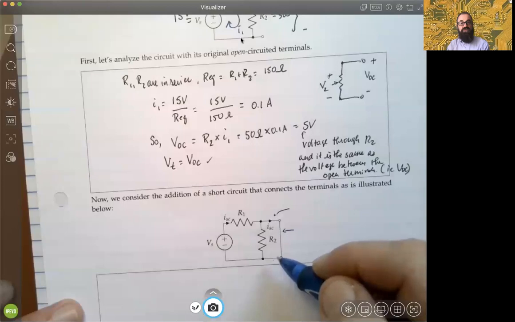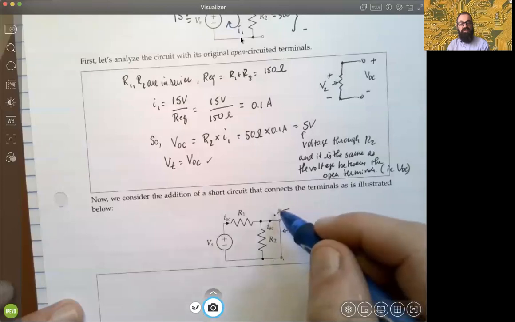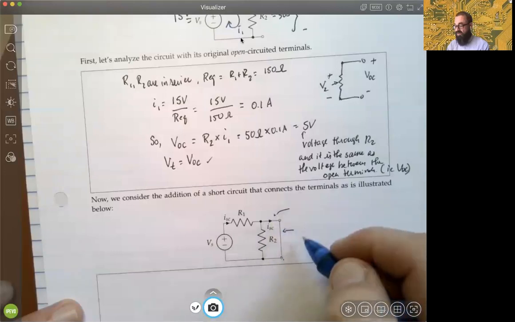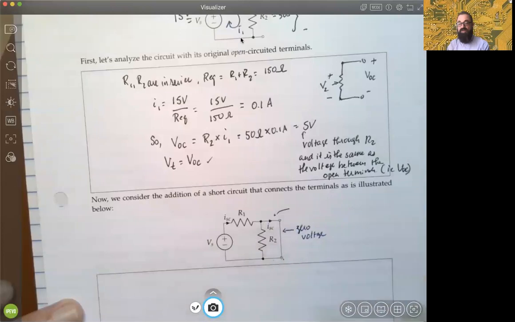Think very carefully. When you short circuit, we generate a current here, absolutely. But do we have any voltage across these terminals? The answer is no, 0 voltage. So if there's no voltage there, there's no voltage in R2. There's absolutely no voltage, okay?